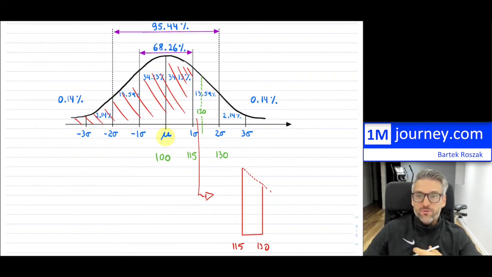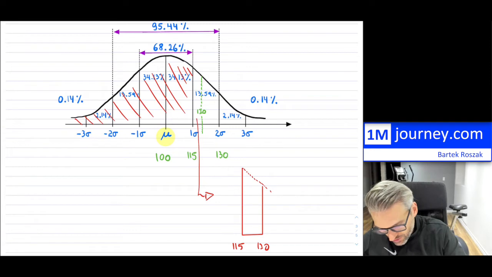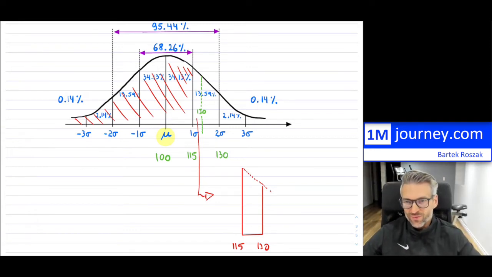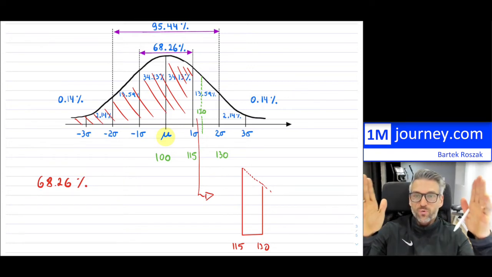What I recommend in these instances is this: to the left of one standard deviation, we know what that is. The probability would be 68.26%, so that's within one standard deviation.